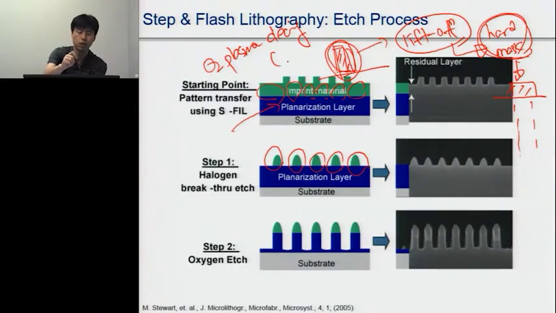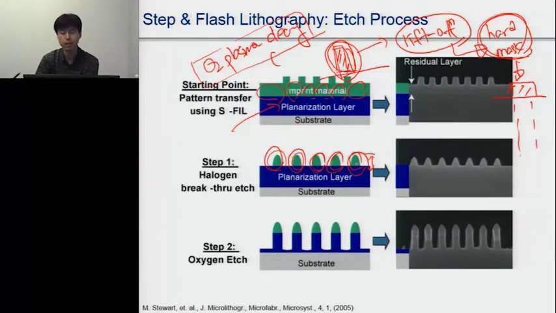In other words, we call this oxygen plasma cleaning a descum process. After this cleaning process, we can achieve the nanostructures we want, but the thickness of this imaging layer will not be as thick as we want.